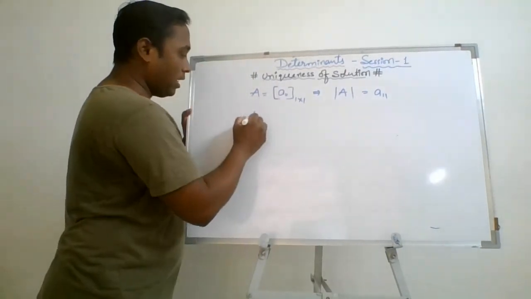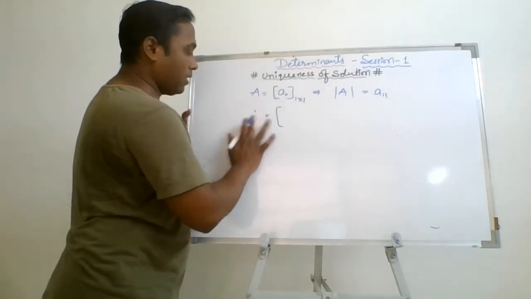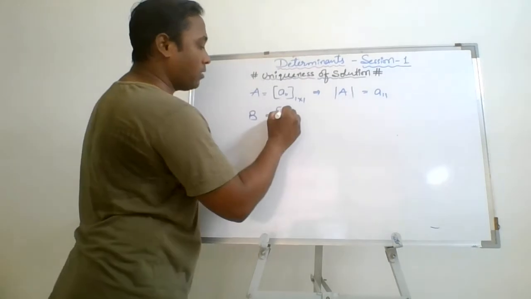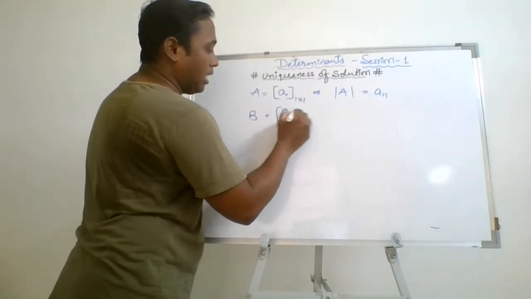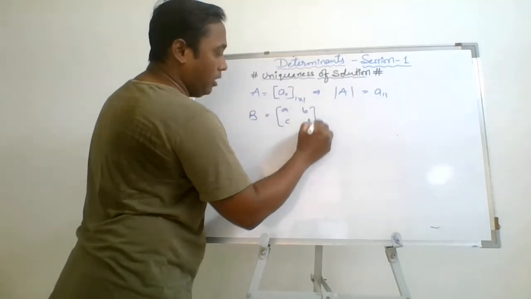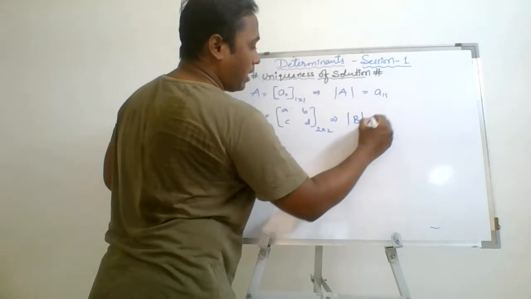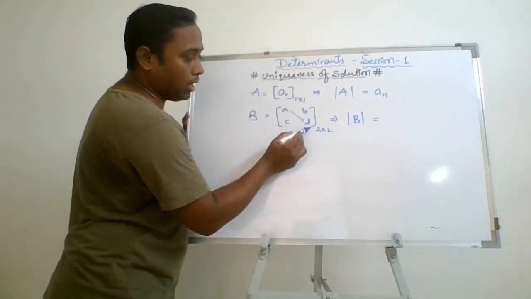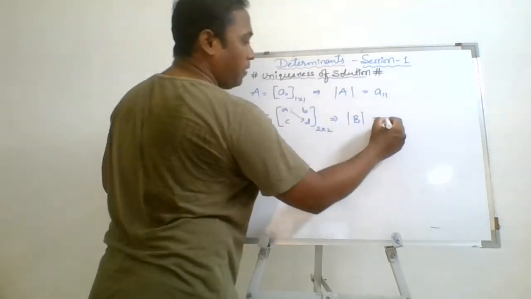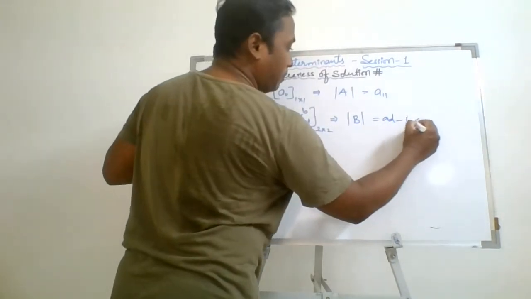And secondly, if I take a matrix, let us say I am representing it as matrix B, with elements A, B, C and D, which is a 2 by 2 matrix. Then the determinant of matrix B can be obtained by multiplying the principal diagonal elements, AD, minus BC.